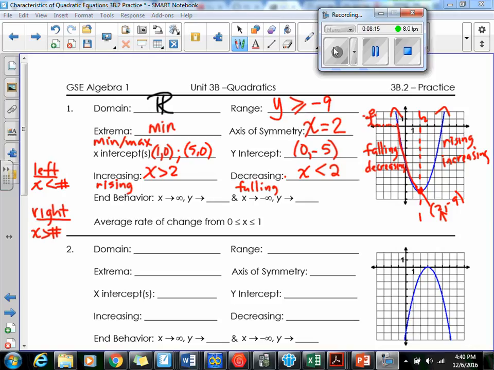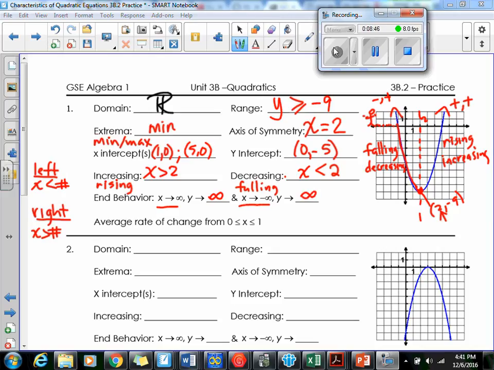I know we talked about looking at the signs of numbers or points in each one of these quadrants, but the main thing to remember is that as x is increasing, getting bigger, approaching positive infinity, y is also getting bigger, approaching positive infinity. And as x is getting smaller, approaching negative infinity, the y's are still getting bigger.